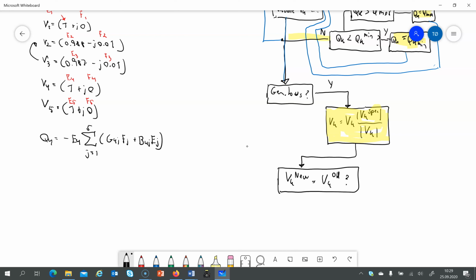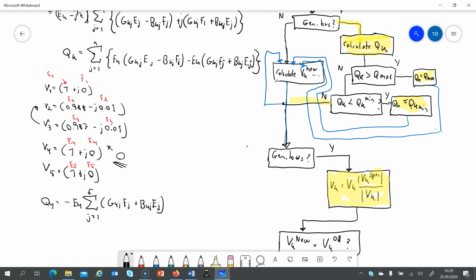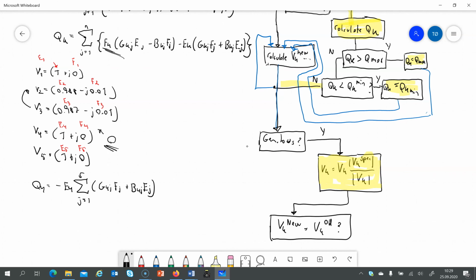And this is due to that the F4 is 0. So that means this will be 0. And you can only work with this part.